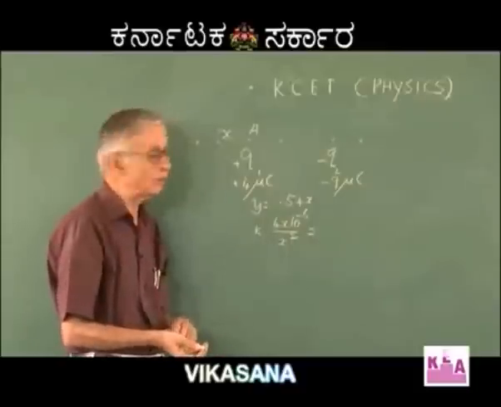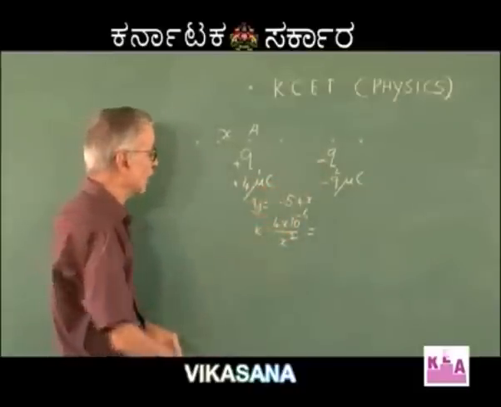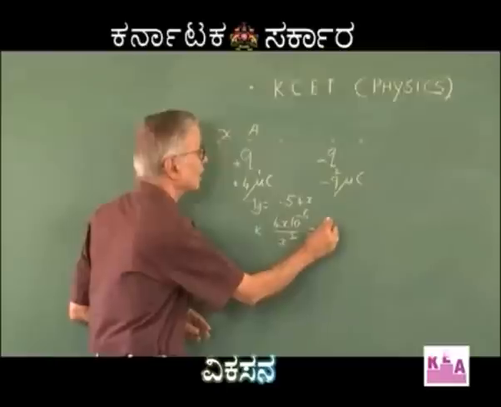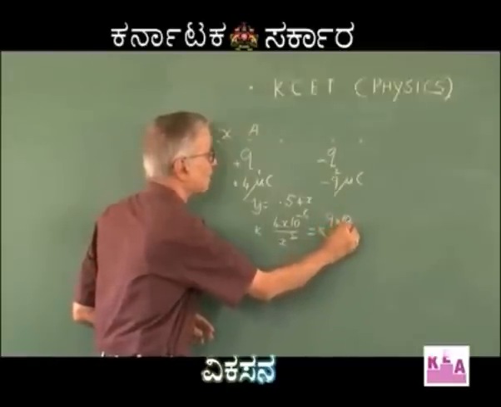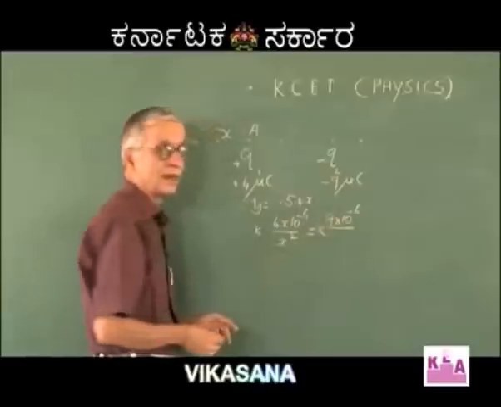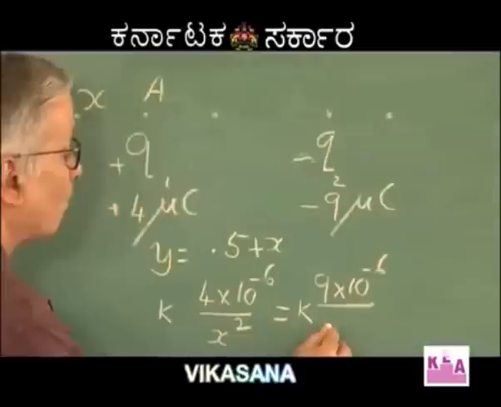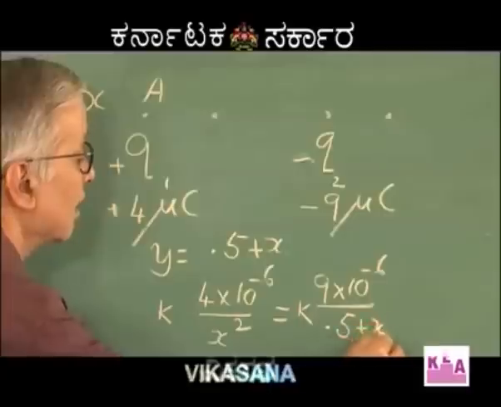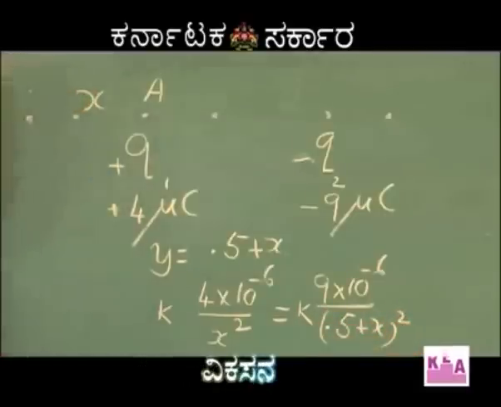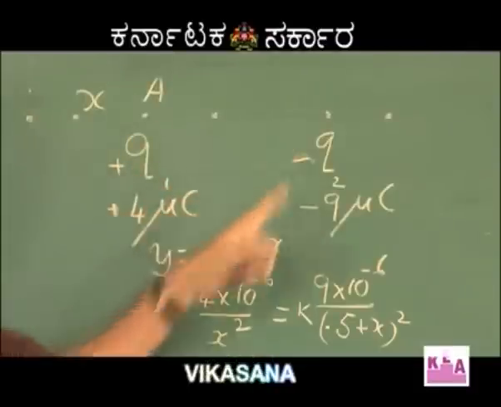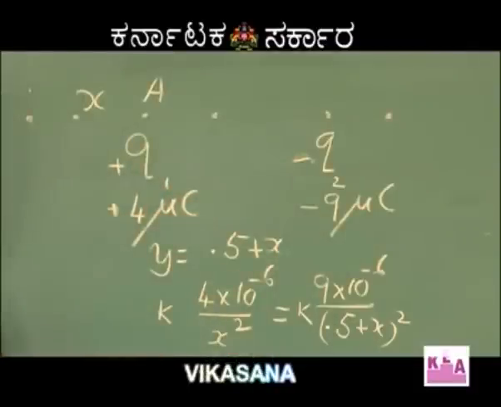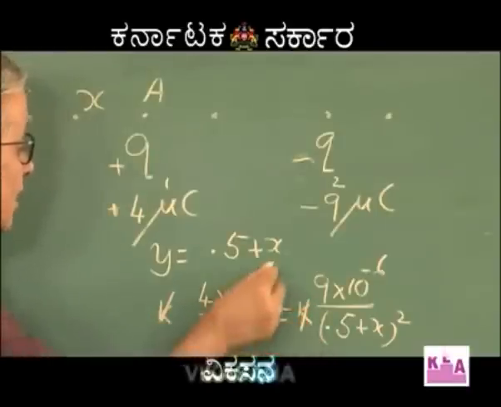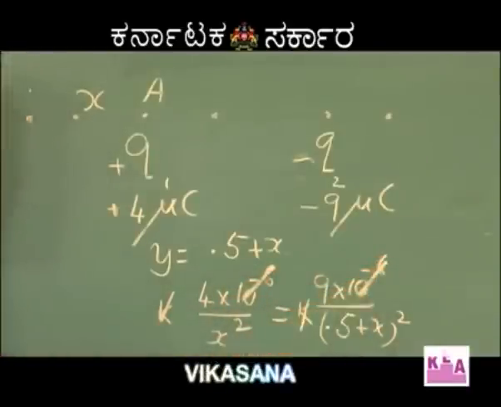This must be equal to the intensity due to the other one: K into 9 into 10 to the power minus 6 divided by the square of the distance, (0.5 plus x) squared. Please note y is equal to 0.5 plus x. If you take this precaution regarding the positions, while taking a root, plus or minus need not be put. Then K will cancel with K, and 10 raised to minus 6 with 10 raised to minus 6.